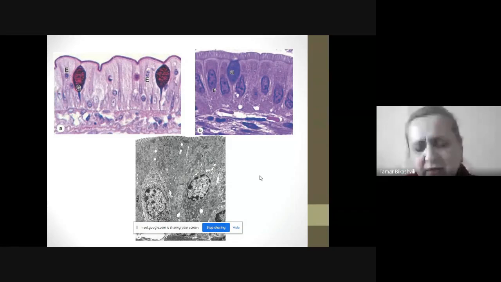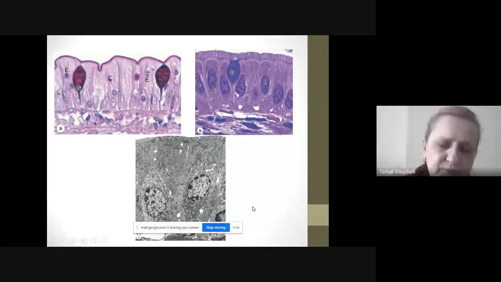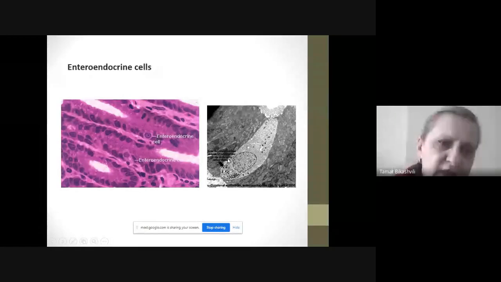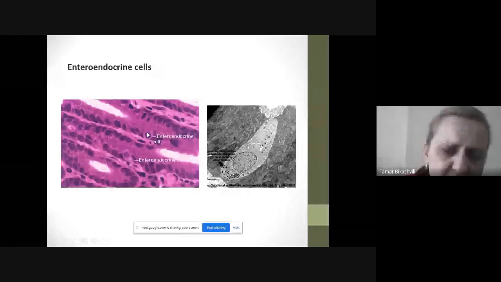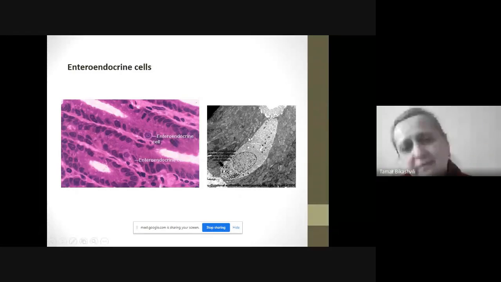Mucous secreting cells are here, some enterocytes, and also endocrine cells. Yes, enteroendocrine cells. You can see the villi, and then at the openings of these villi are the glands. So in glands are endocrine cells.